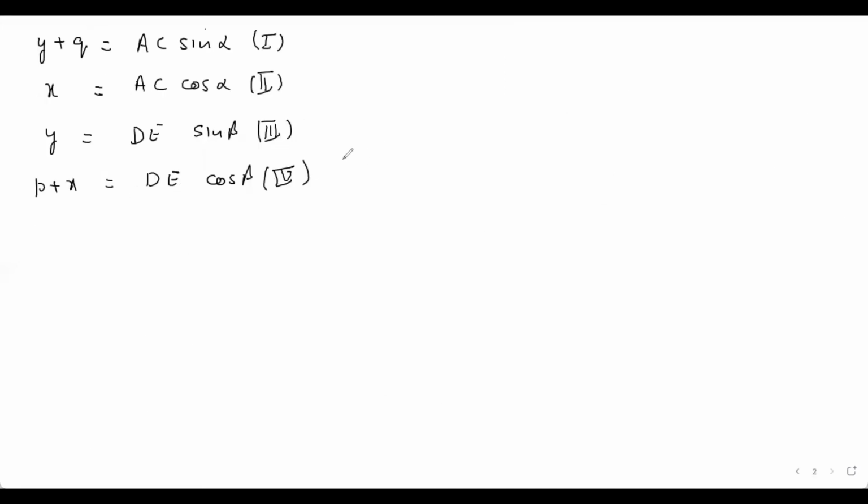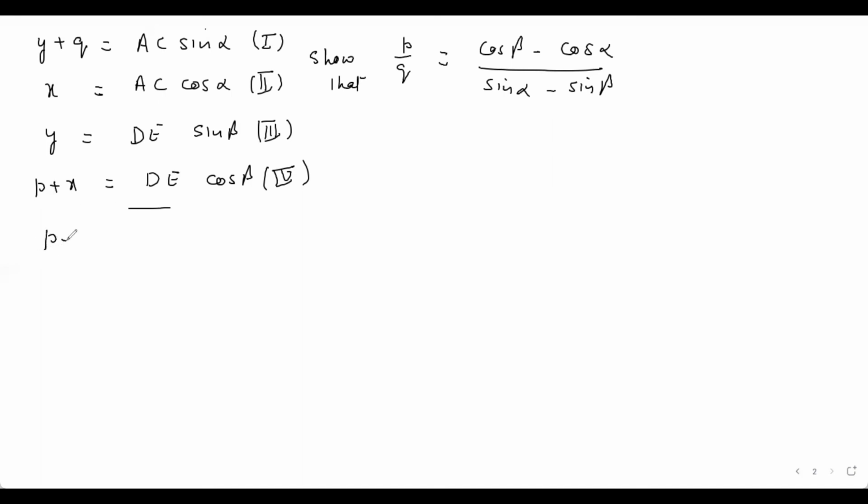Now I have these four equations. I am to show that P by Q is equal to cos beta minus cos alpha upon sine alpha minus sine beta. Now I am going to write the fourth equation first. P plus x is equal to DE cos beta. Instead of x, I'm going to write AC cos alpha.